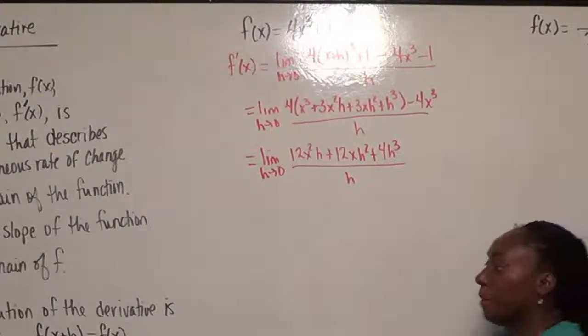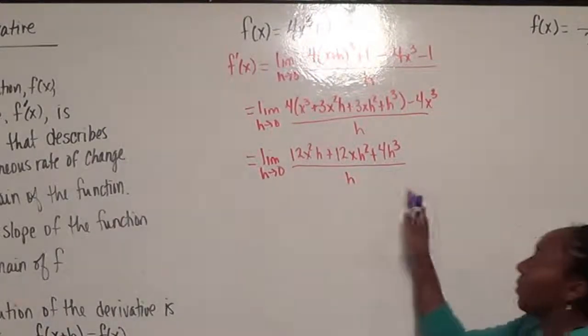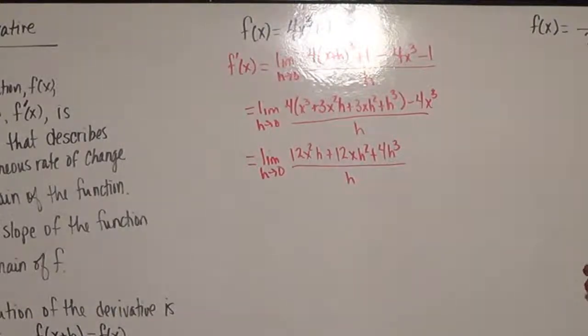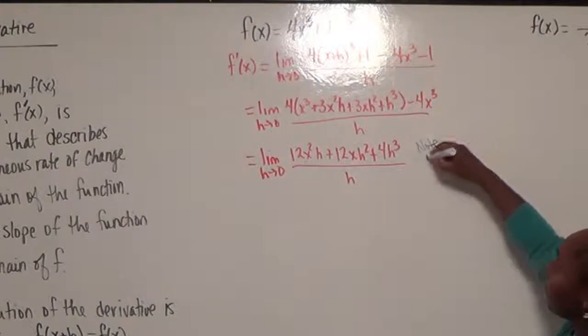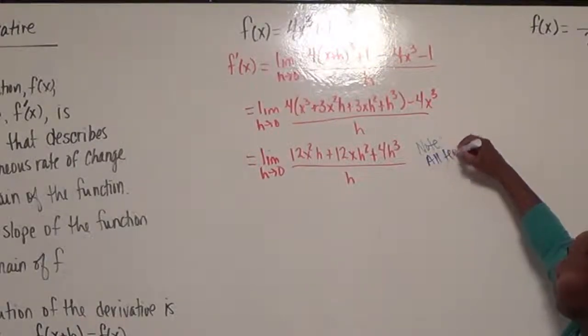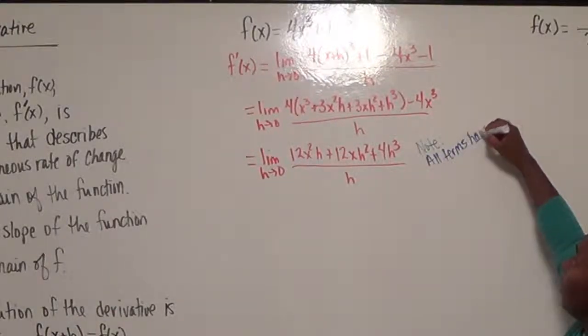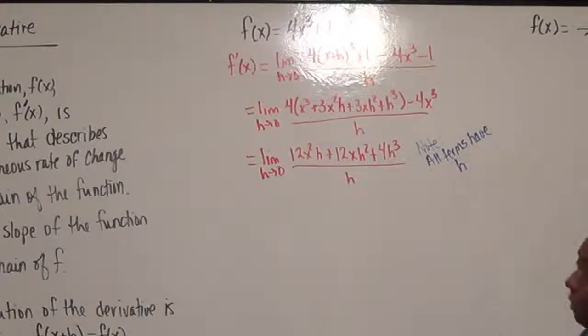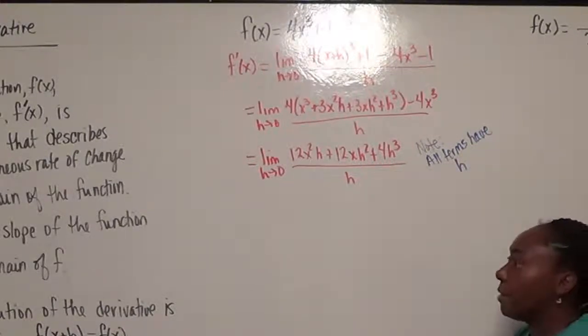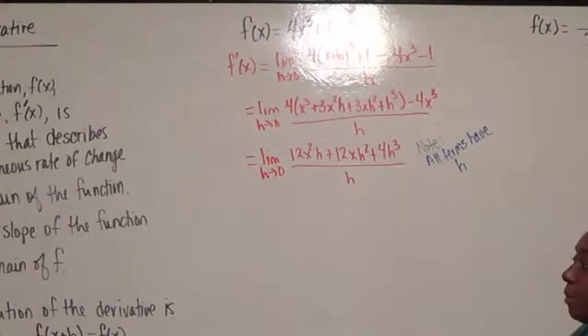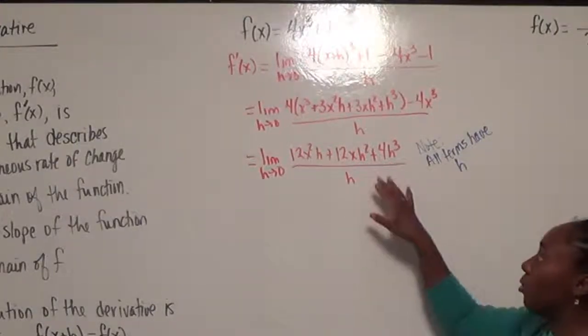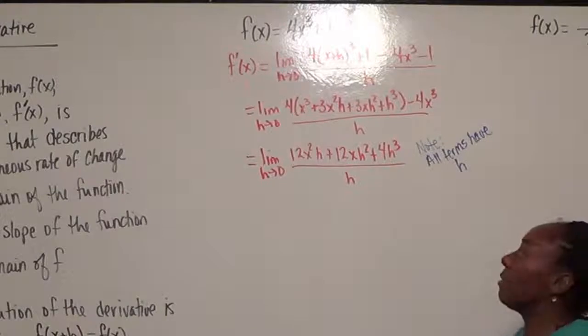Okay. Now, once we get to this step, I want to point out something. If you notice at this point, all terms have h. Okay. This is a crucial step in your derivatives. Anytime you're asked to find the derivative by the definition, you should reach a point that looks like this.